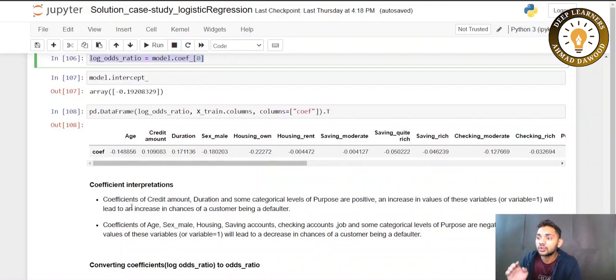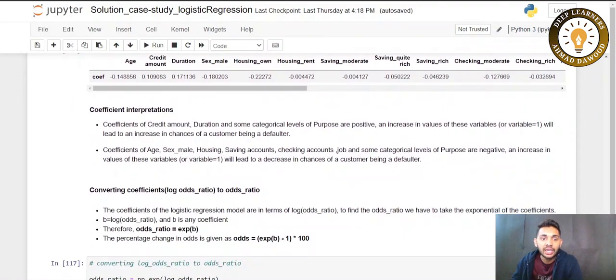The coefficients which are negative we can interpret in the opposite way. The coefficients of age, sex male, housing, saving accounts, checking account, job, and some categorical levels of purpose are negative, so an increase in the values of these variables will lead to a decrease in the chances of the customer being a defaulter. In this way we can interpret our coefficients.